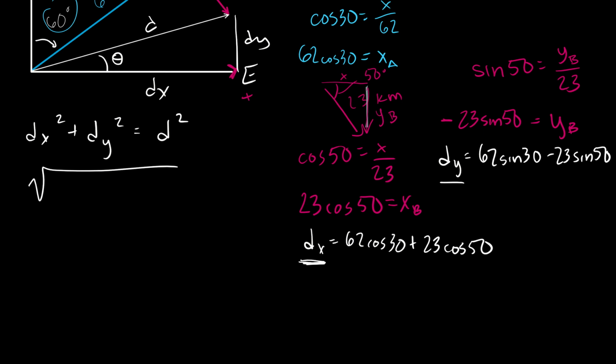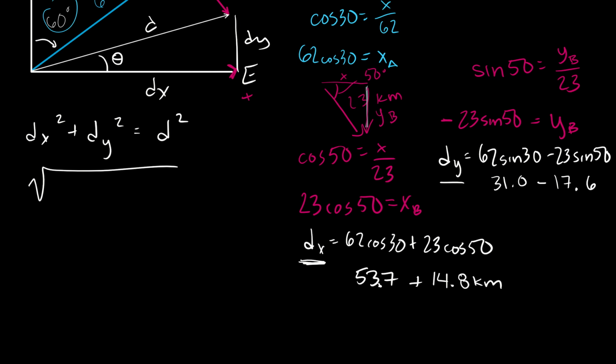For dx, 62 cosine 30 gives us 53.7 kilometers, and we add to that 23 cosine 50, which gives us 14.8 kilometers. Then our dy will be 62 sine 30, which is 31.0 kilometers, and we subtract from that 17.6 kilometers.